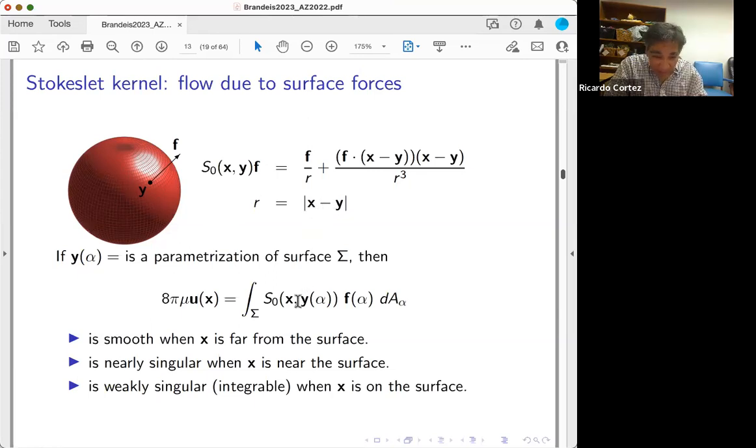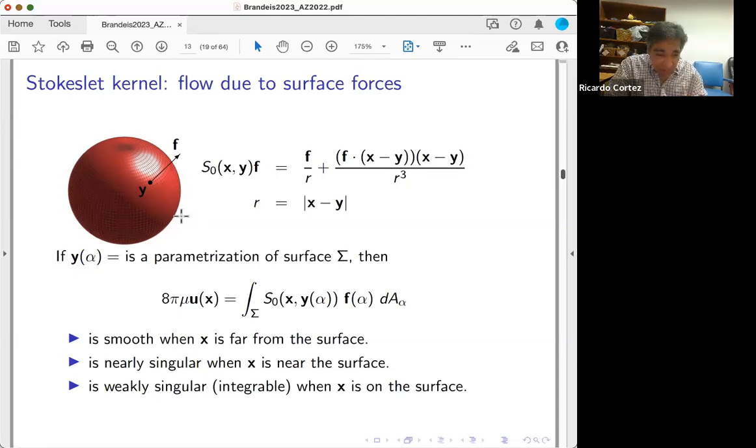That's usually called a near singular integral, and one has to be a little careful computing that accurately. And if the evaluation point is actually on the surface, then there will be a singularity in this integral, but it's a weak singularity, so it can be integrated.